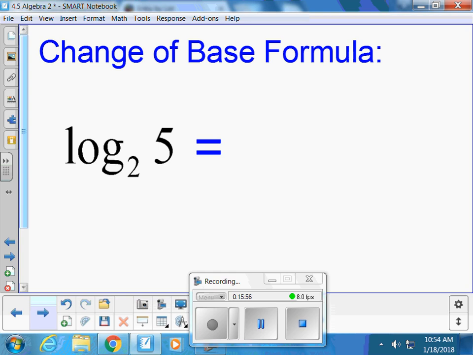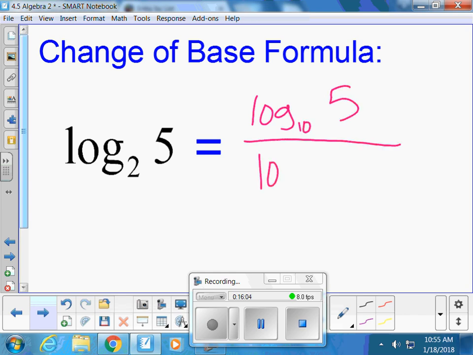So what they do, and I want you all to be familiar with this, is log base 10 of 5 over log base 10 of 2. This is how they type it in. I want everybody to try that. So you're on your home screen, using the log button that's beside the 7.